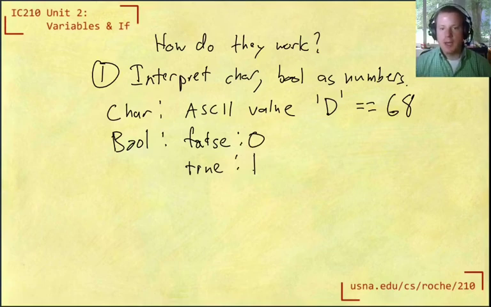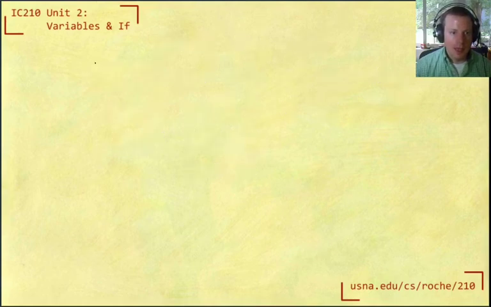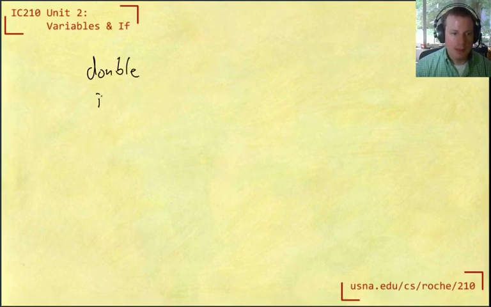So that's the first thing we have to do, if we're doing any kind of type conversion, we need to think of chars and bools as numbers, either the ASCII value or 0, 1 for bool. And then we again think about this hierarchy of double being the widest at the top, then int, then char, then bool.